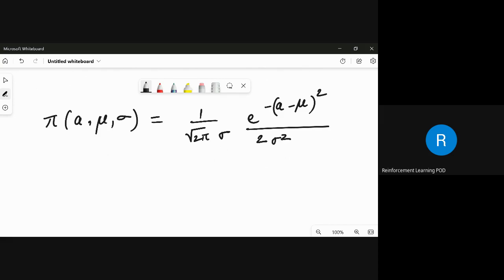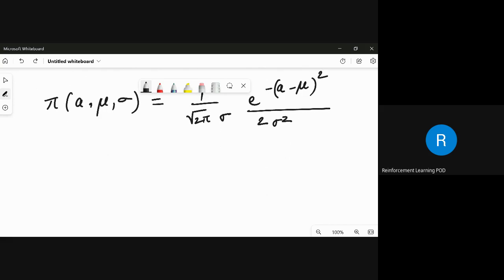If you want to derive the policy gradient formula for this one, we need to update two parameters, mu and sigma, unlike the previous examples where we had only one parameter. Now we have two. So first of all, let's find out ln pi.